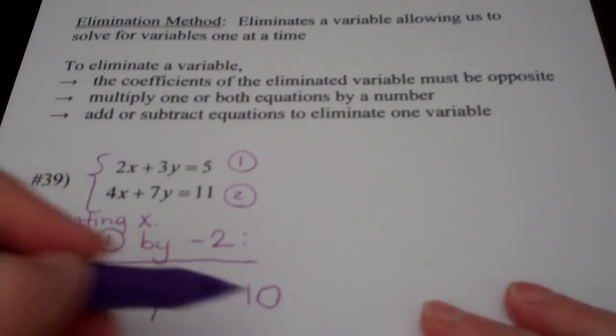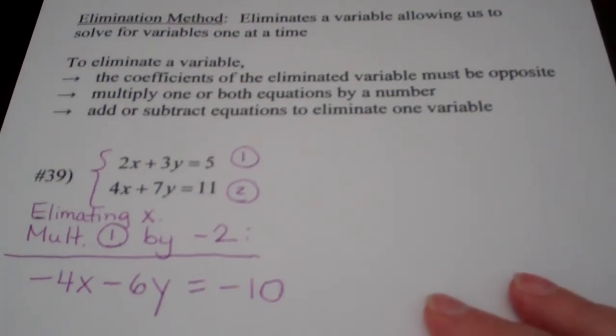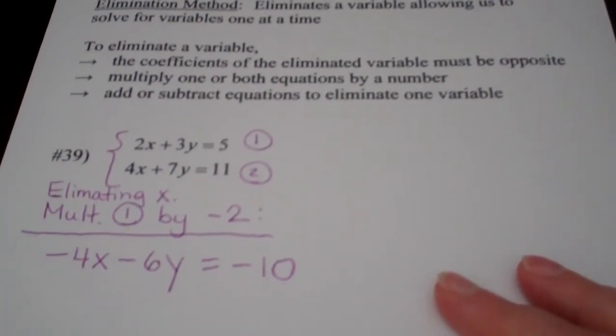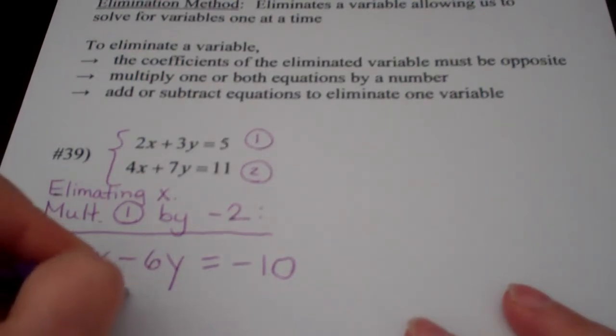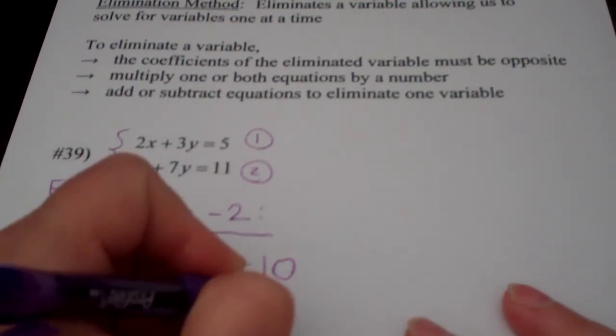I want to multiply the whole equation because I don't really want to change the way the equation is set up. I just want to change the way it looks, right? This equation, by multiplying everything, still represents the same line. It doesn't really change anything. Okay, and then I didn't really need to do anything to equation number 2, so I'm just going to copy that one down underneath my new equation number 1.